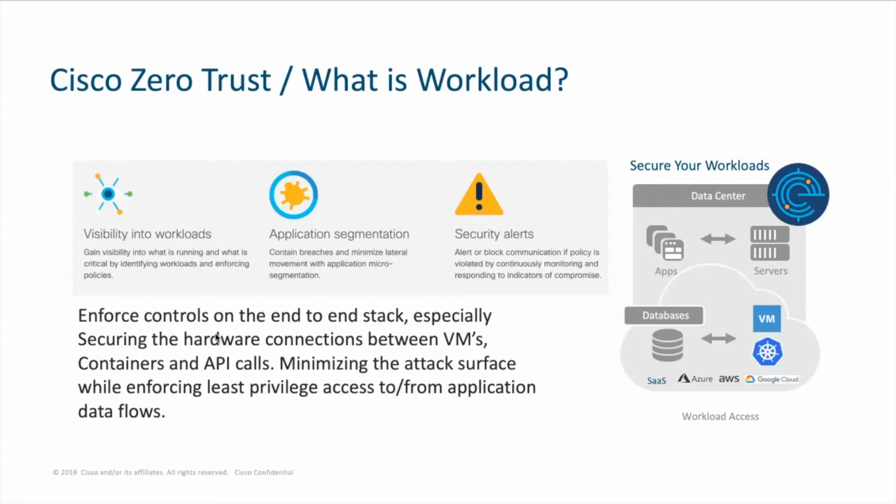So we make sure that we create the correct controls from point to point, and that we're securing not just hardware, but also the applications, virtual machines, containers, maybe the critical API calls between cloud and your data center.